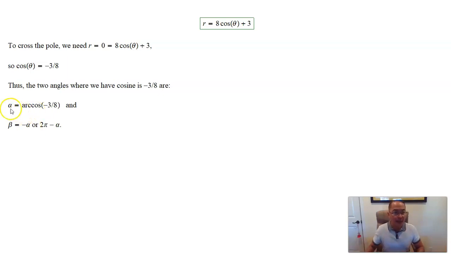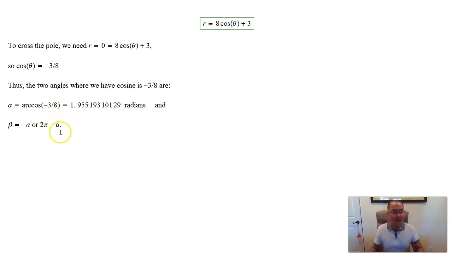Okay, so let's actually get approximations for this. What is arc cosine negative 3 over 8? Boom, it's about 1.955. That's in radians. And the other point is this.